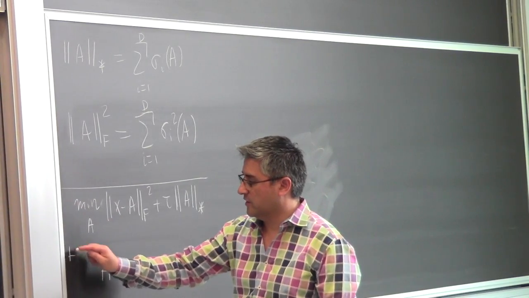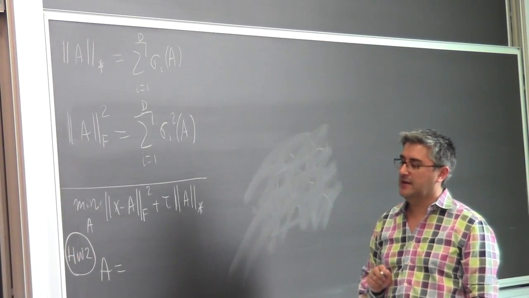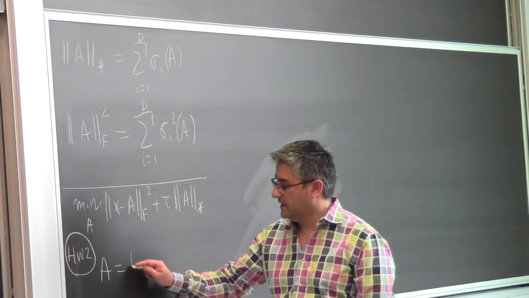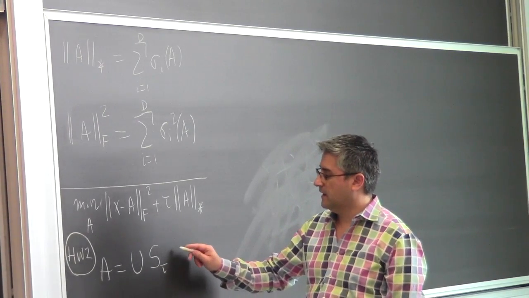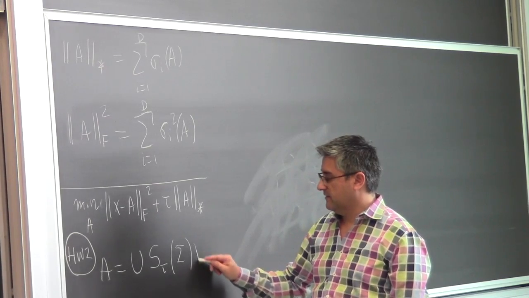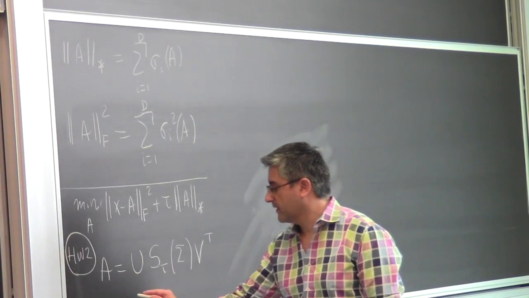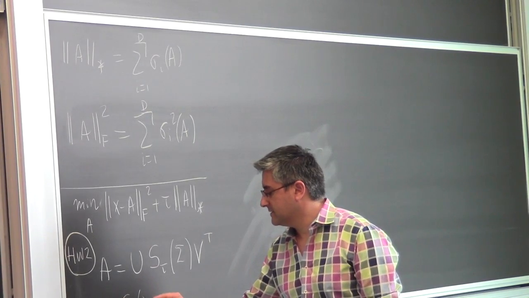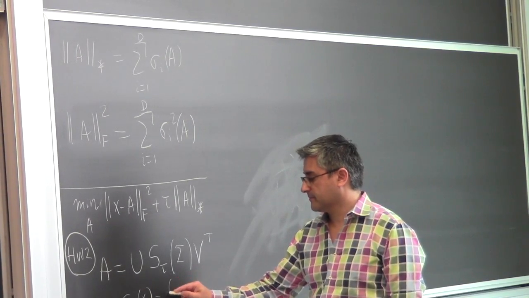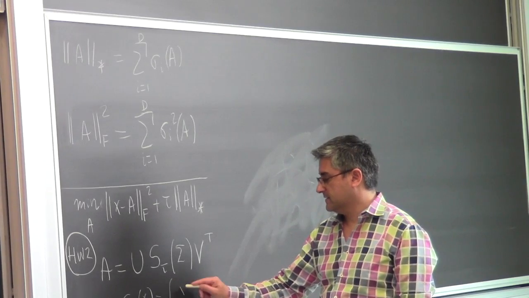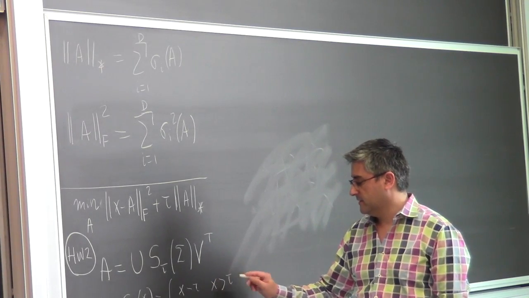In homework 2, you're going to see that the optimal A for this problem is given by U S_tau of Sigma V transpose, where S_tau of x is equal to x minus tau if x is bigger than tau, and 0 otherwise.